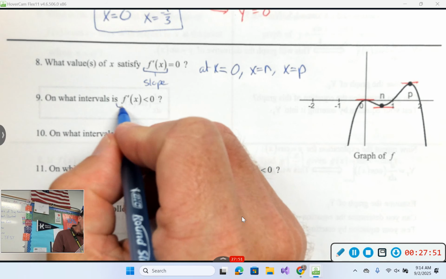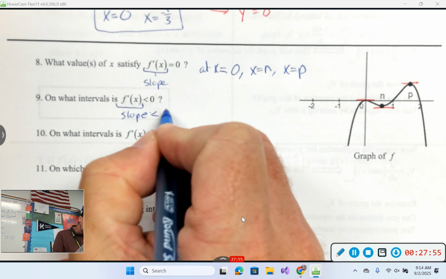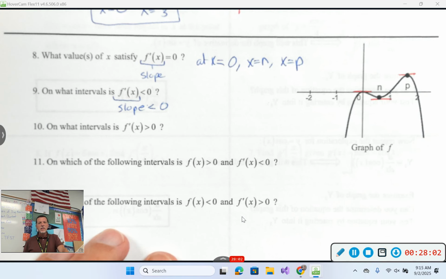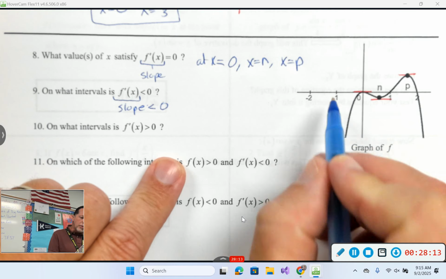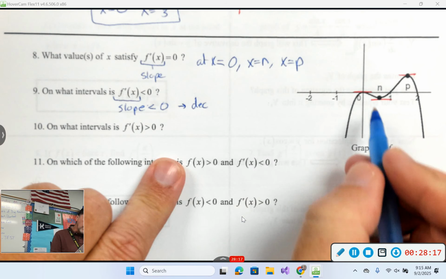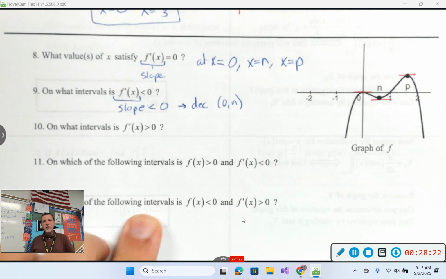On what intervals is slope less than 0? If slope is less than 0, what's the graph doing? Yeah, decreasing, going down, but decreasing would be a better, fancier way to say that. So I would say it decreases from 0 to n.